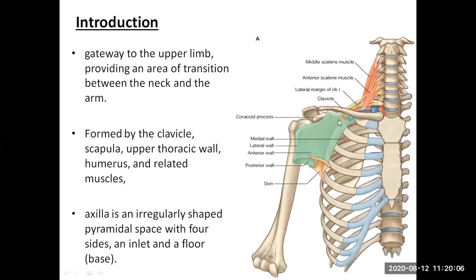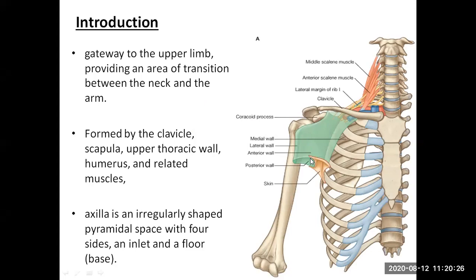You can see in the figure this green region. Can you see? Yes, sir. This axilla is the gateway to the upper limb. It means that the structures pass to the upper limb through this axilla.